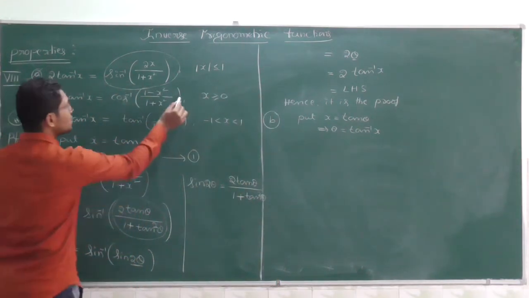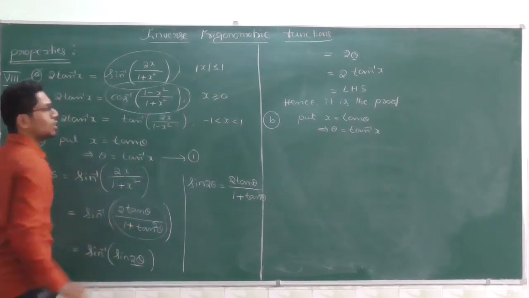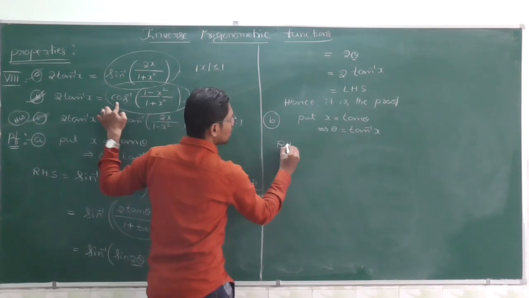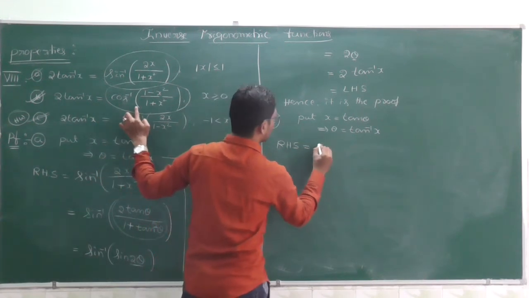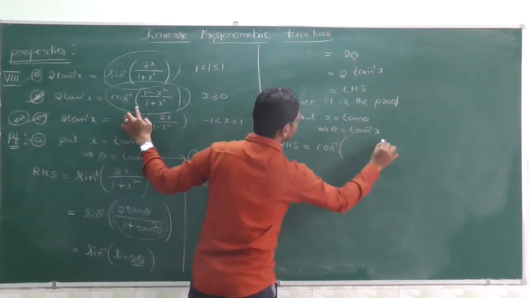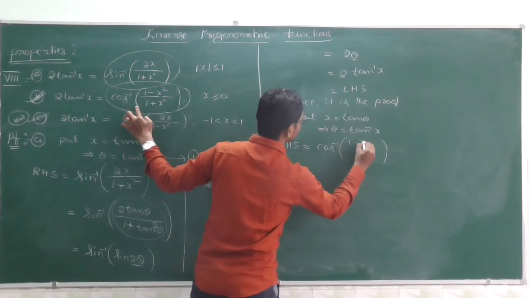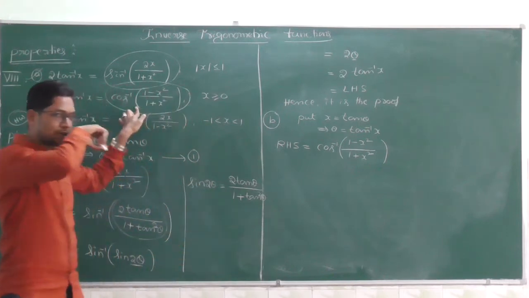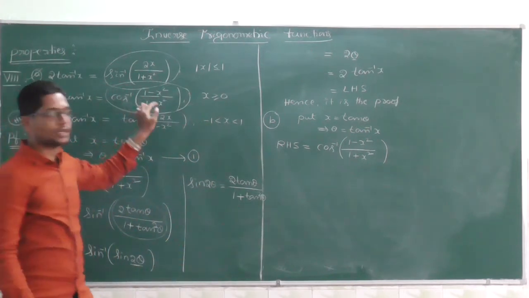Take the RHS of this property. RHS equals cos inverse of 1 minus x square by 1 plus x square, right?